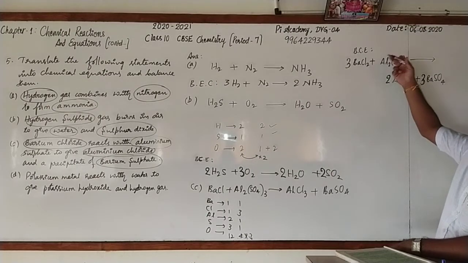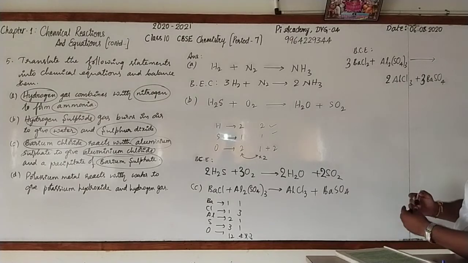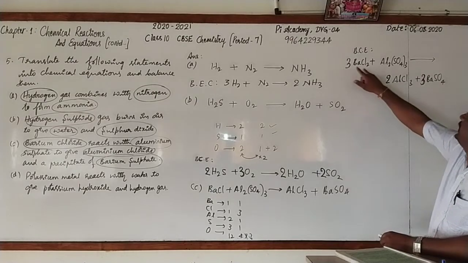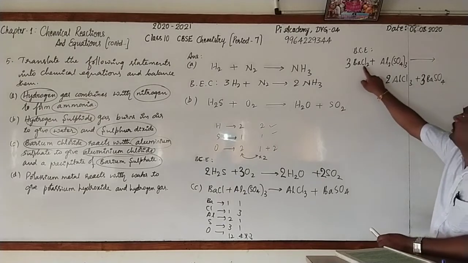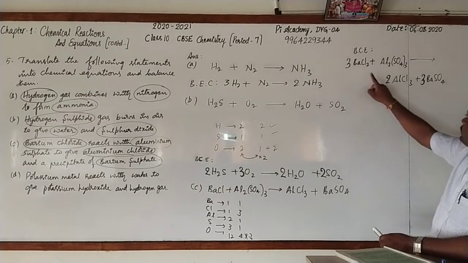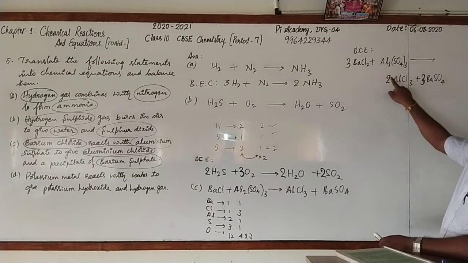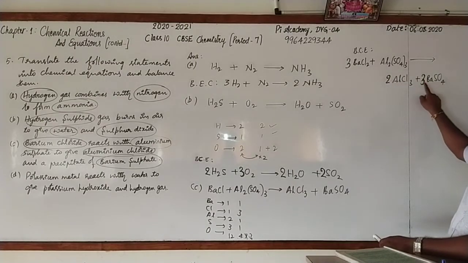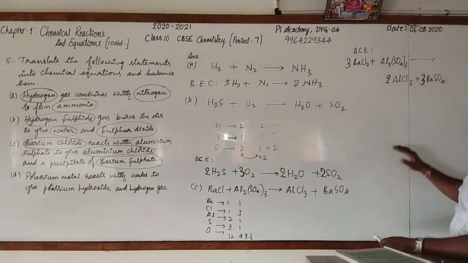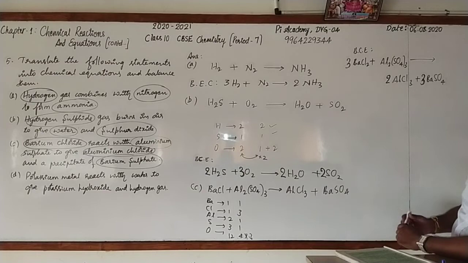Aluminium 2, here already 2. Once you check that, 3 atoms of barium, 3 atoms of barium. 3 2s are 6, 6 atoms of chlorine, 2 3s are 6. Next, aluminium 2, sulfur 3, oxygen 3 4s are 12, then 3 4s are 12. So it is a balanced chemical equation.